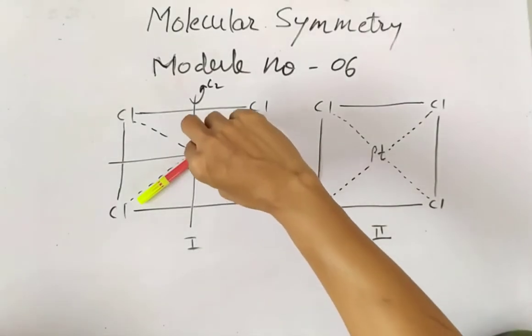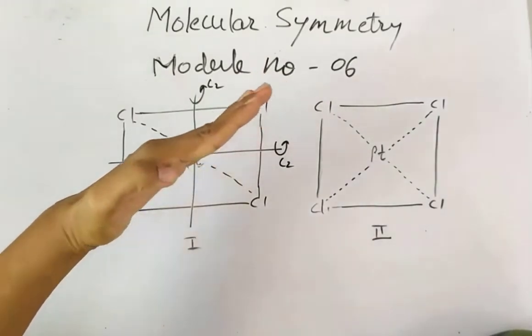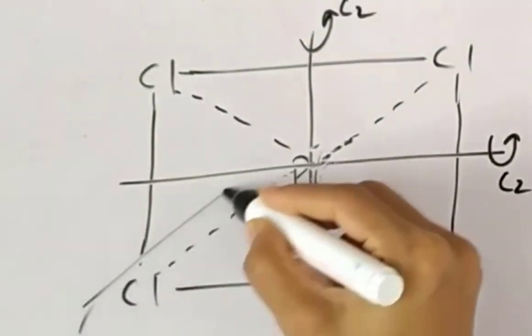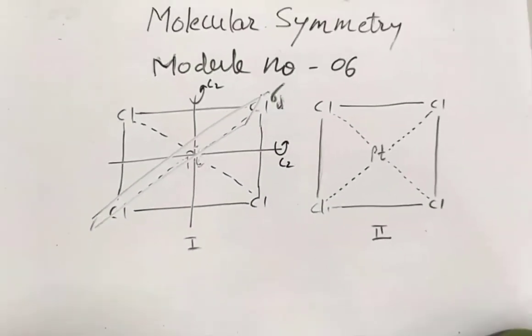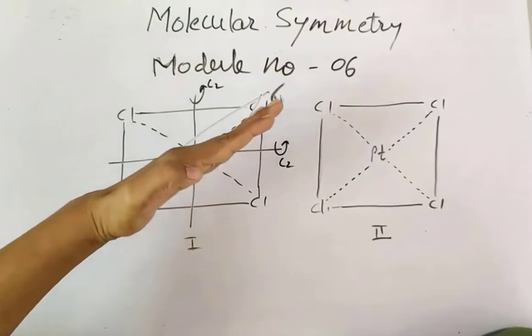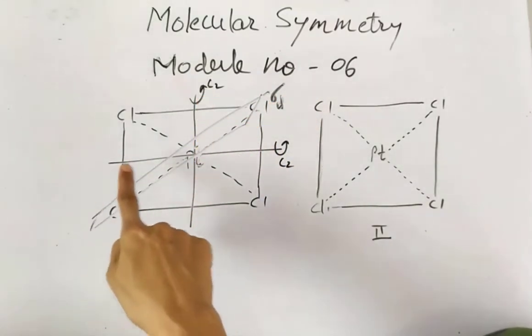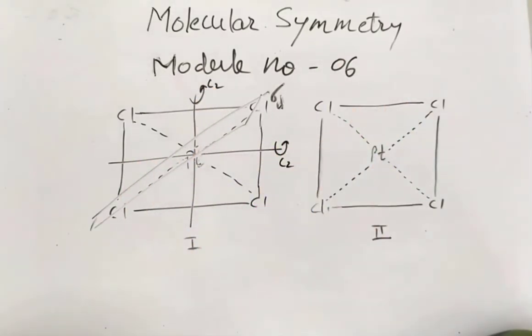As this plane is bisecting two perpendicular C2 axes, therefore this plane is called as sigma D. Alright, do you get the meaning? As this plane which I have passed like this is bisecting or cutting two perpendicular C2 axes, so this plane is called as sigma D.